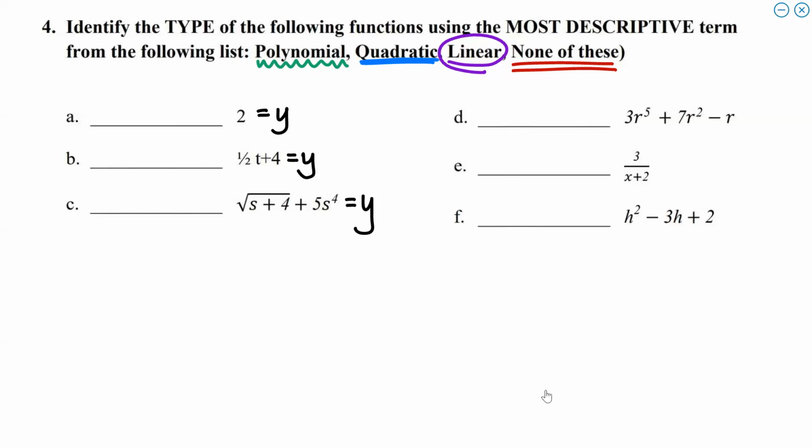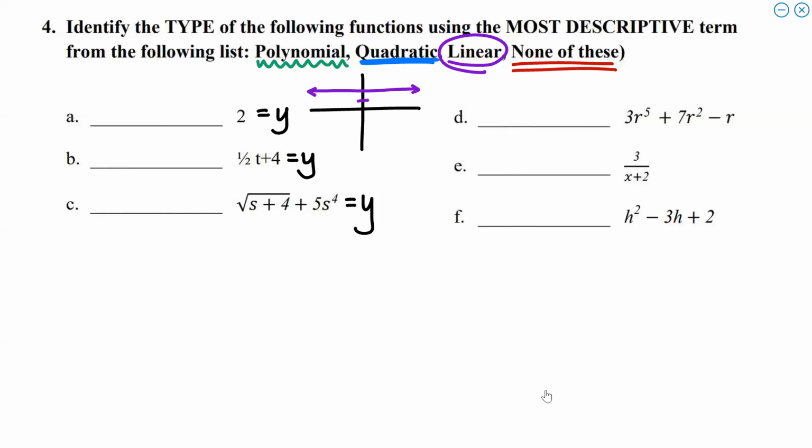Looking at this first one, if we were to graph y equals 2, what would that look like? Y equals 2, that's what that first one is, because it's going to be a straight line. Y equals 2 would be a horizontal straight line.